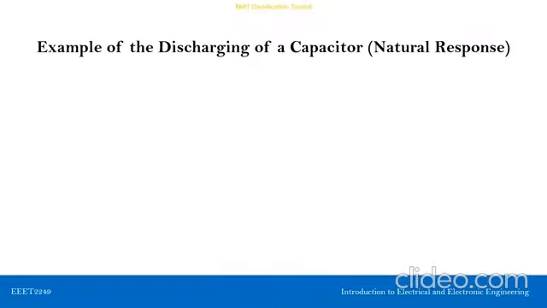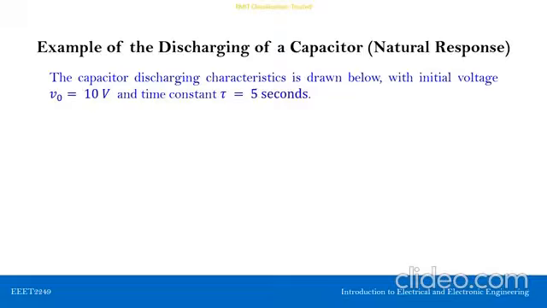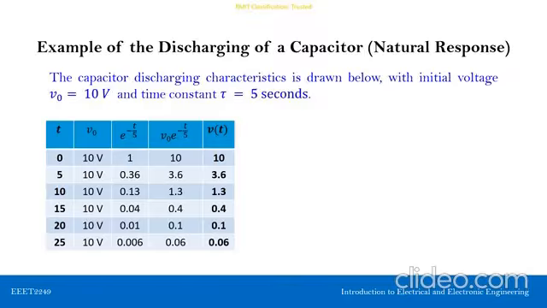Now we will take an example of the discharge of a capacitor. The capacitor discharging characteristics will be drawn below with initial voltage V0 of 10 volts and time constant tau equal to 5 seconds. The table shows the value of V(t) with respect to t.